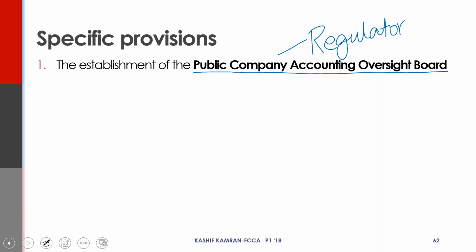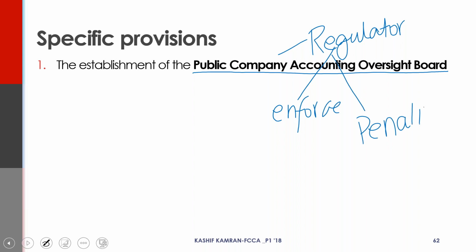So the regulator would enforce Sarbanes-Oxley, and the regulator would penalize the company if it has not been followed. So the role of the regulator becomes very important when we look at Sarbanes-Oxley. So the establishment of the PCAOB.